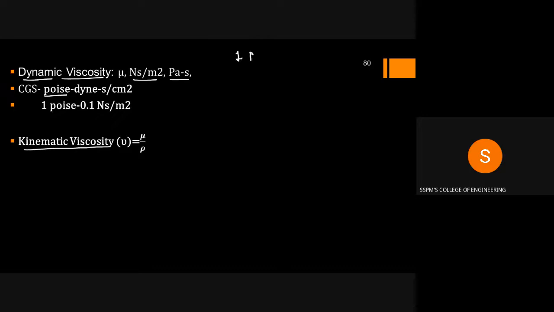So 1 poise, the CGS unit, is equal to 0.1 Newton second per meter square, or 1 Newton second per meter square is equal to 10 poise.